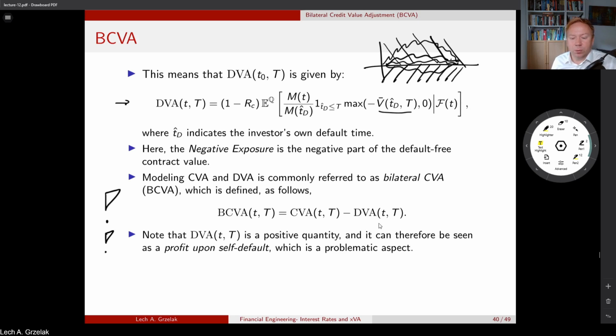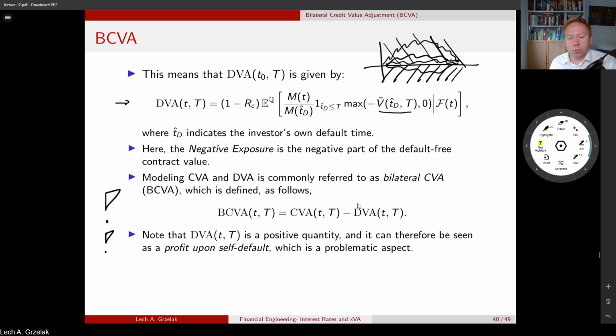So this means that we can see a profit, a positive effect of your own default. Once your own default risk increases, this part will be increasing. This means that the overall BCVA part would be getting smaller, essentially. So this is a little bit of a problematic aspect if we talk about the BCVA evaluations and so on.